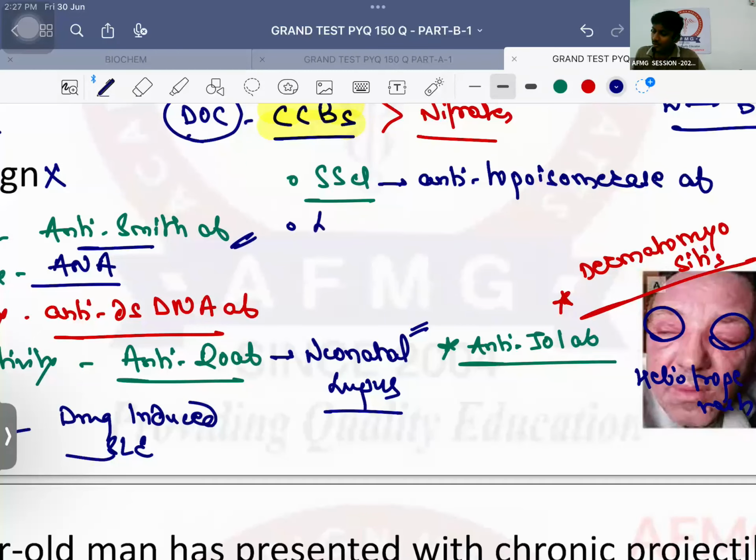Then limited scleroderma is also known as which syndrome? CREST syndrome. C stands for calcinosis cutis, R for Raynaud's phenomena, E for esophageal dysmotility, S for sclerodactyly, that is tapering of fingers, and T for telangiectasia.